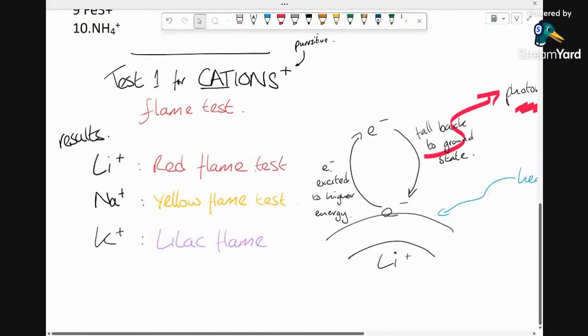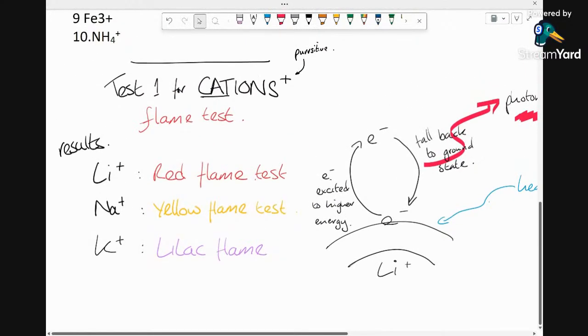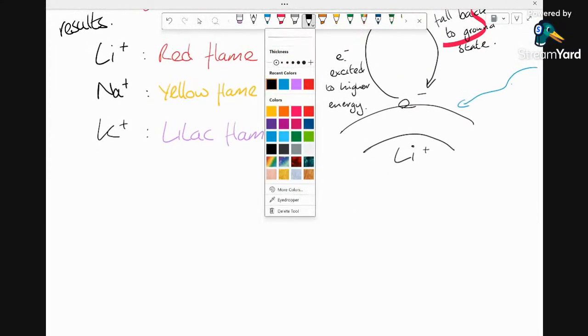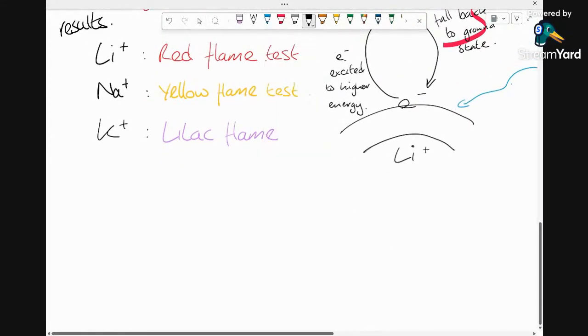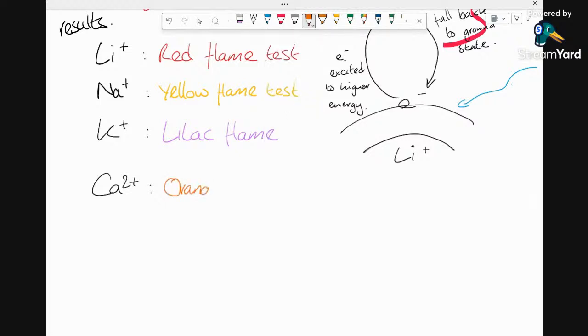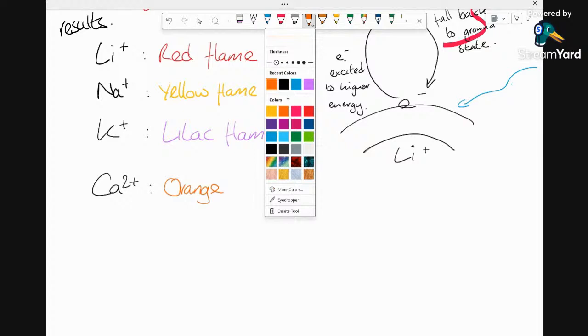Okay, so we've picked up our 3 only flame tests. We can now add our mixture flame tests as well. So we've got 4 others that we need to remember. The next one is calcium. Calcium 2+ is an orange-red flame test. Now notice that it has 2 colors in the name, and that is absolutely spot on.